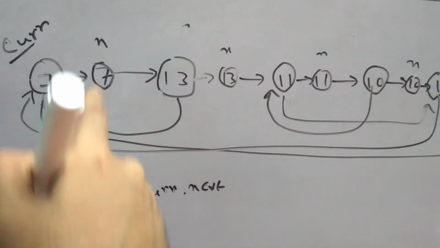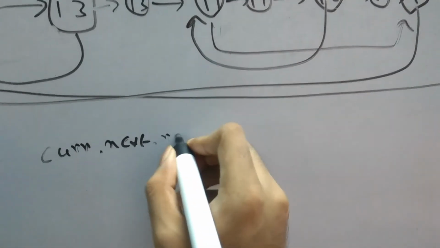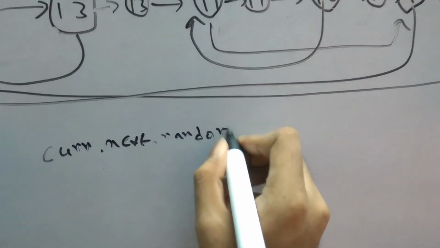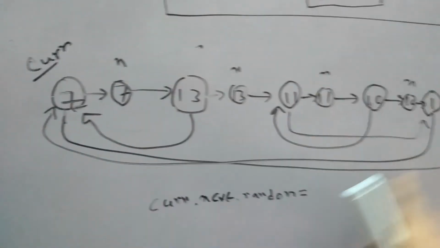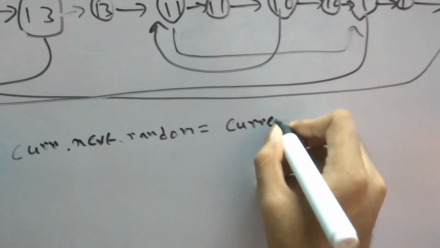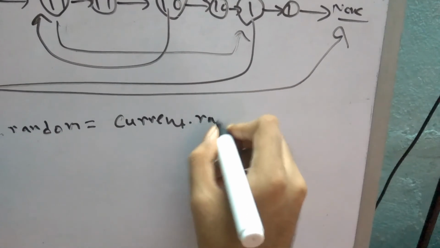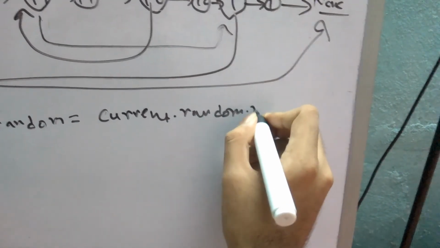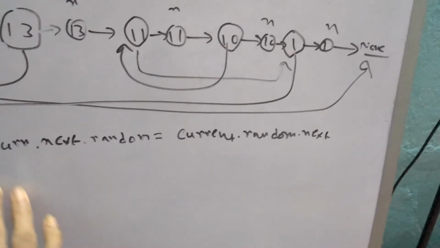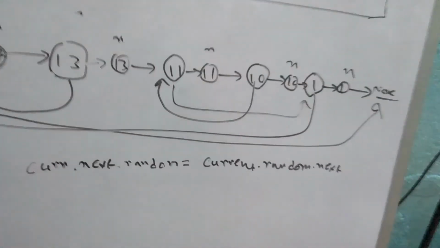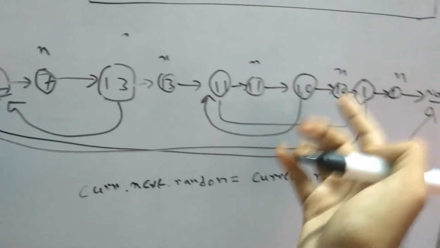So we have to now point current dot next random, which will be current dot random's next. And this is pretty much it, because let's go through one example quickly so we can understand it.